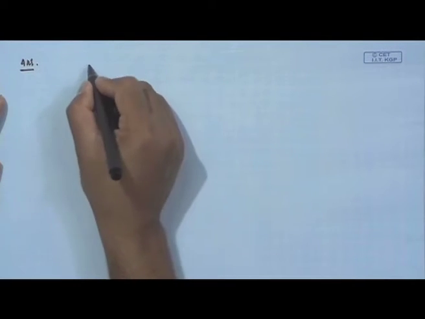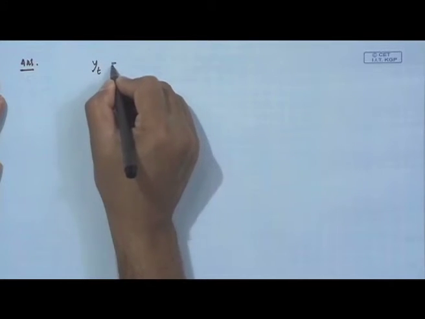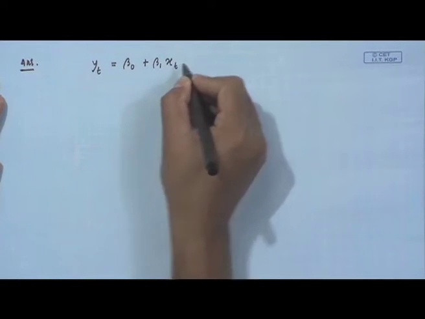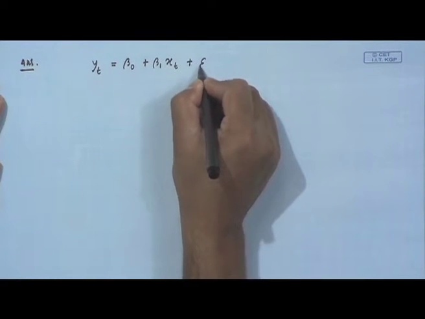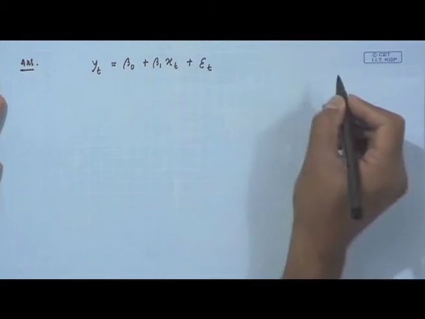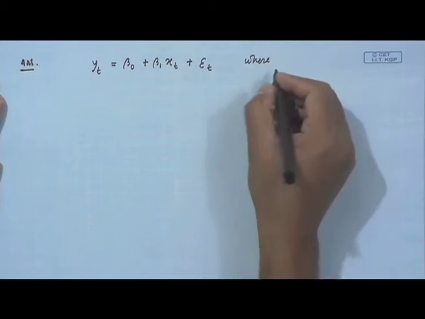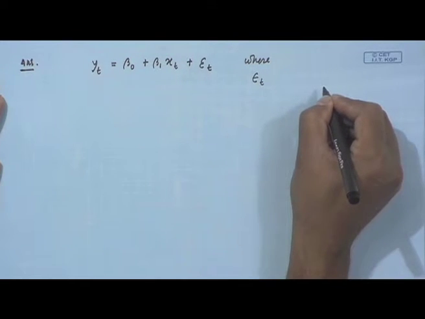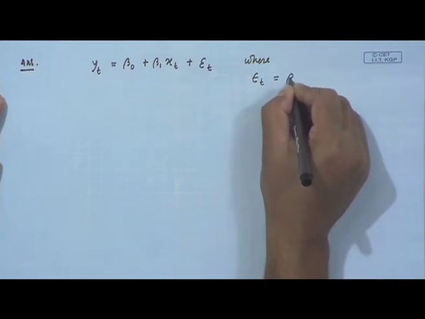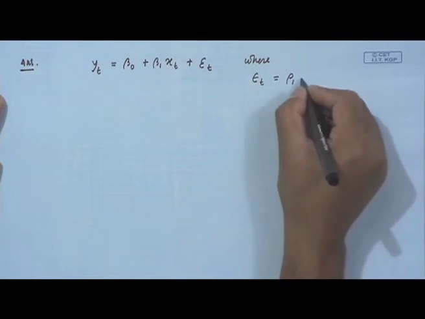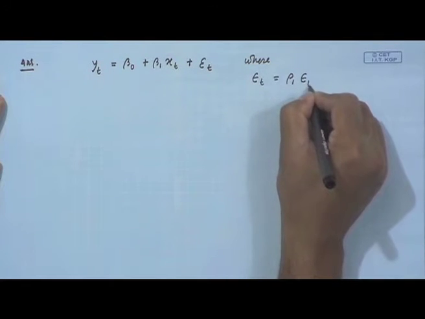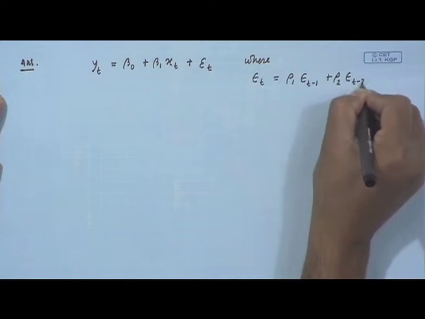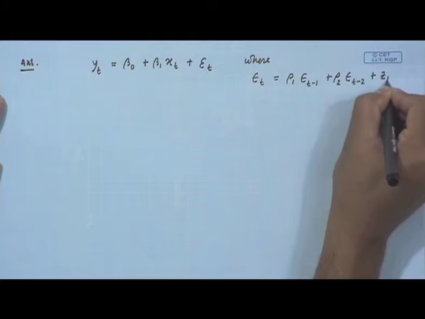So, you need to fit this model y t is equal to beta naught plus beta 1 x t plus epsilon t, where this epsilon t is equal to rho 1 epsilon t minus 1 plus rho 2 epsilon t minus 2 plus z t.